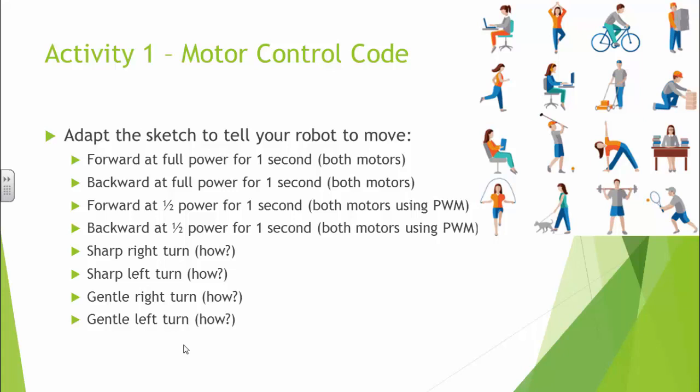Sometimes funny results happen after you've done wiring it up. You can design things for sharp right turns and gentle right turns, the same for left turns. If you want to, you can write your own functions for these things. So go ahead, and once you've designed this stuff, you can test your code by watching the motors spin.